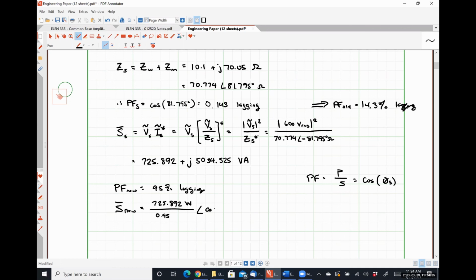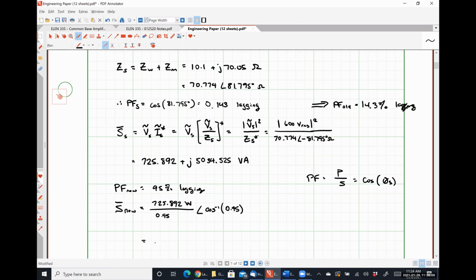And if we take our angle to be the inverse cosine of 0.95, that's going to tell us exactly what our complex power after power factor correction should be with a 95% lagging power factor. So if we do the math here real quick, let's see, what did I save that as?